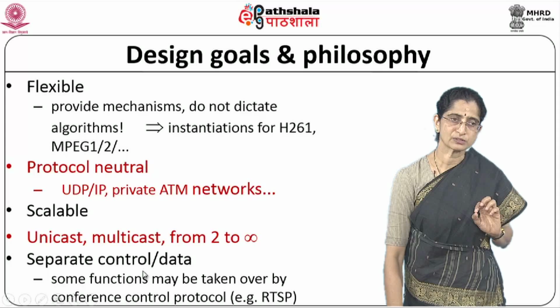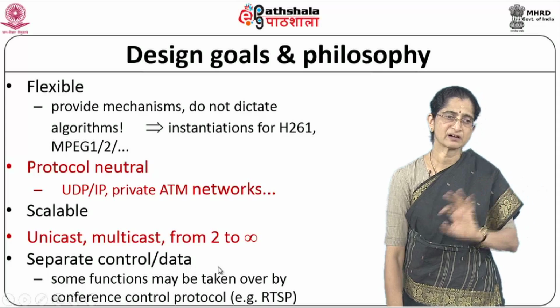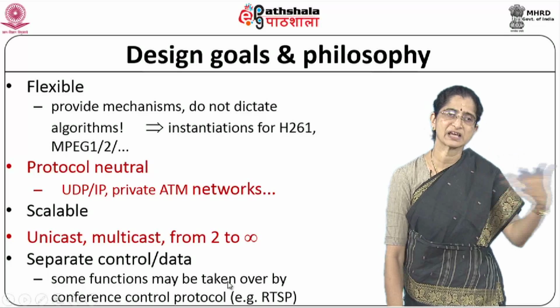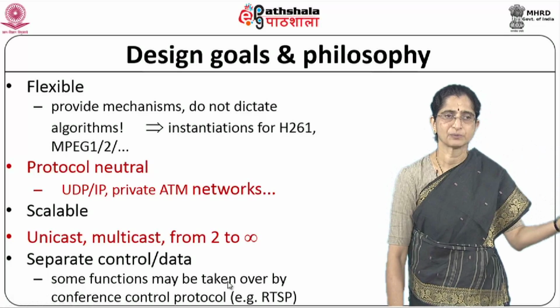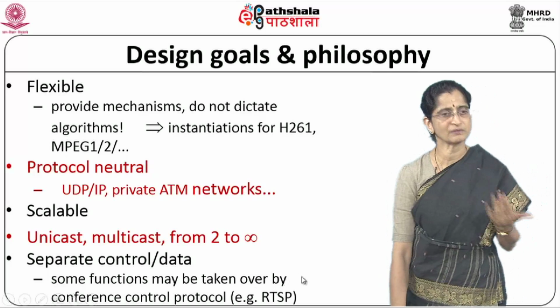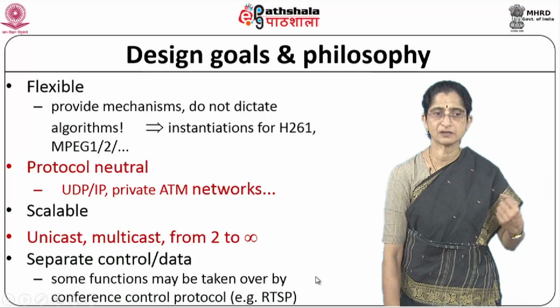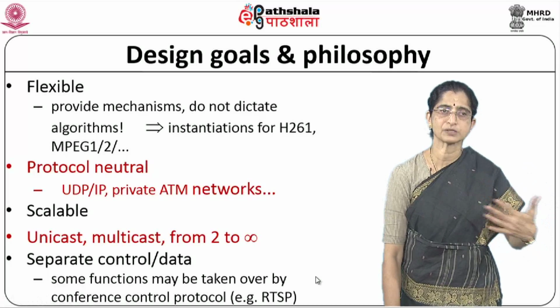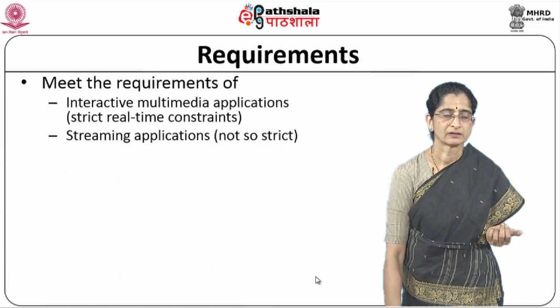And normally we also try to separate the control and the data, so that the control functions can be taken care of by different protocols if necessary. Separating control and data always gives us a little more control over how the entire process can take place.